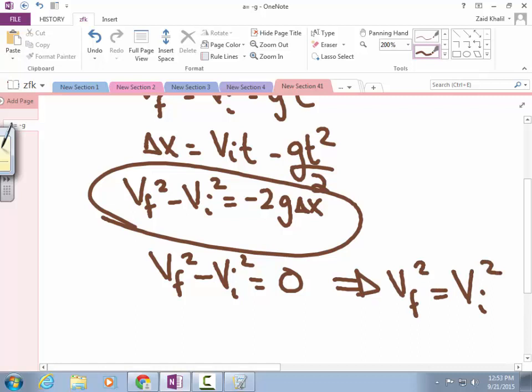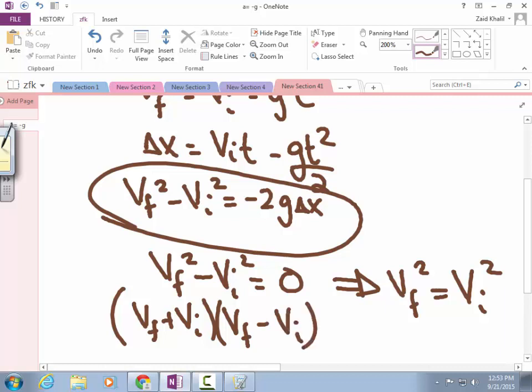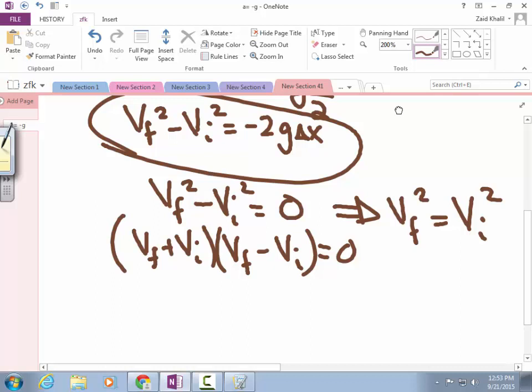And what's going to determine the direction? Basically, physical reality. If I were to actually formally solve this, I would have to factor it. What's the factorization of this? So this is Vf plus Vi times Vf minus Vi. And what are its solutions? If A times B equals 0, that implies that either A equals 0 or B equals 0.